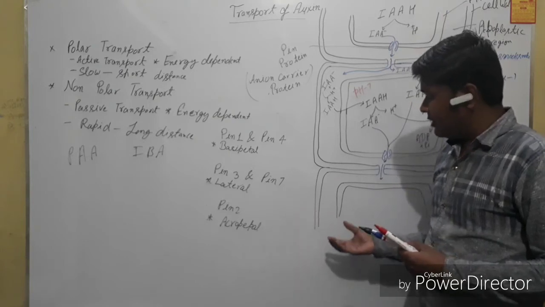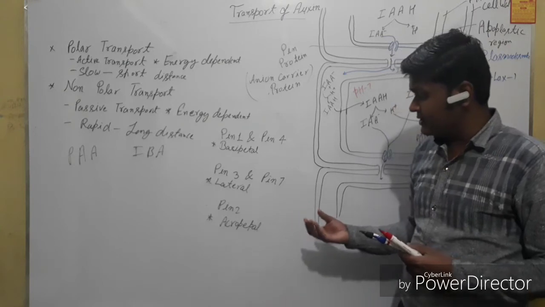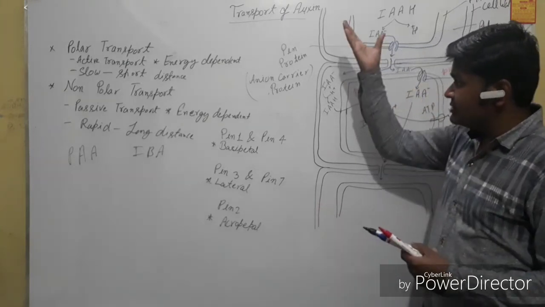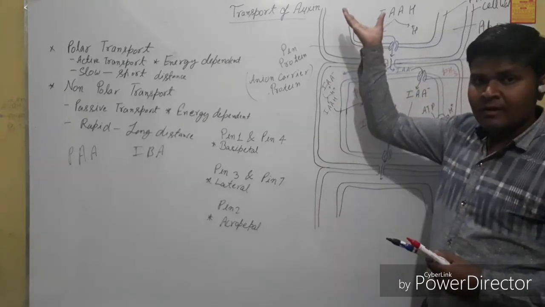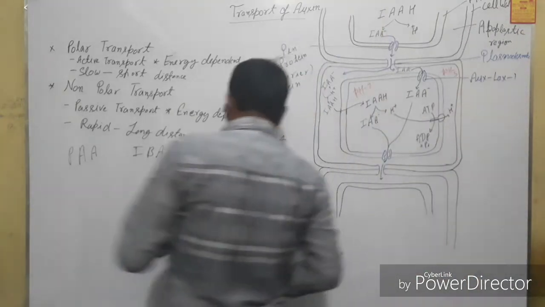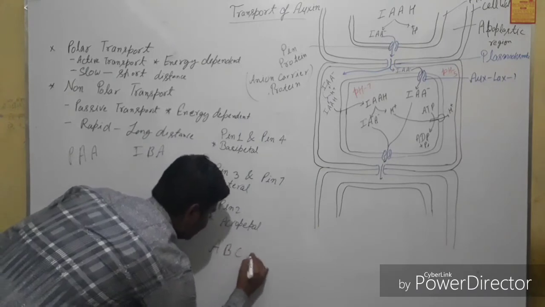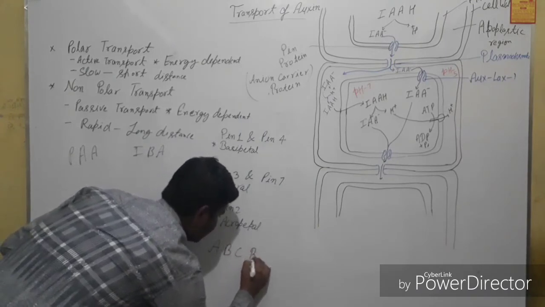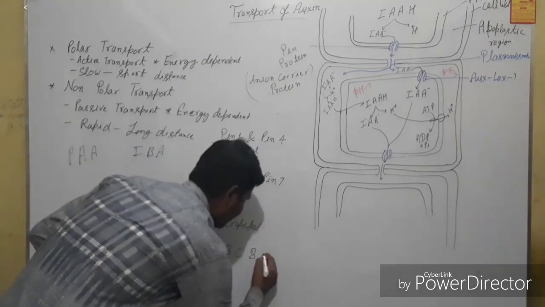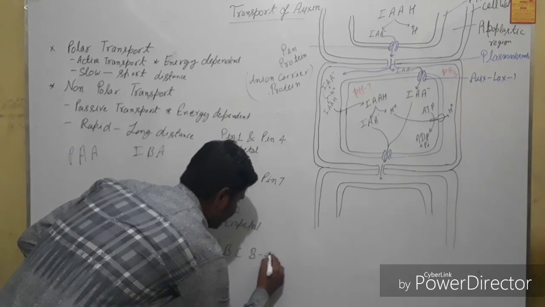But now what proteins further move auxin towards the upper region of the plant? That is ABCB, type 4.